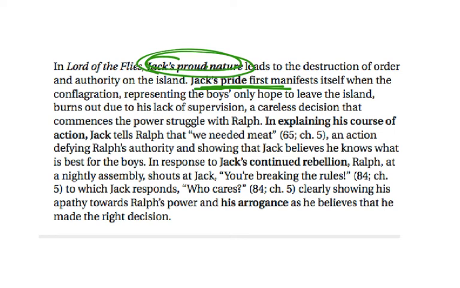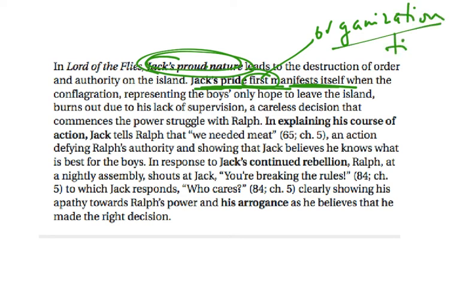Jack's pride first manifests itself when the conflagration. So we know that this is the first instance. Okay, and there we have our organizational word, organizing the paragraph by time. But what we've done is we've also changed the adjective to a noun here.